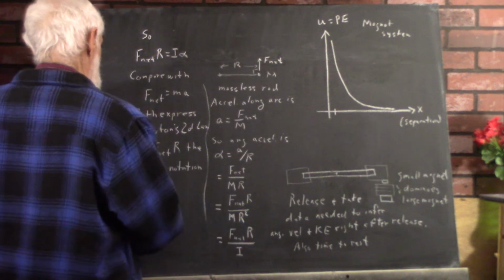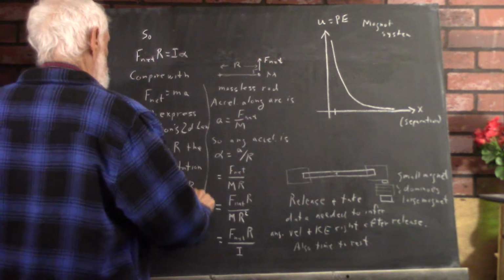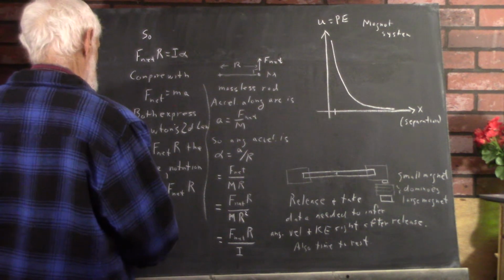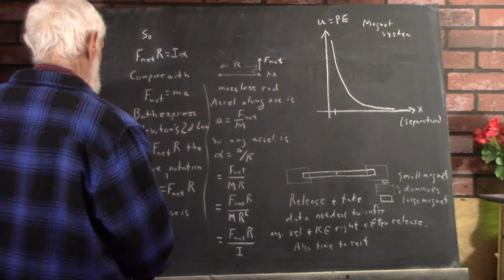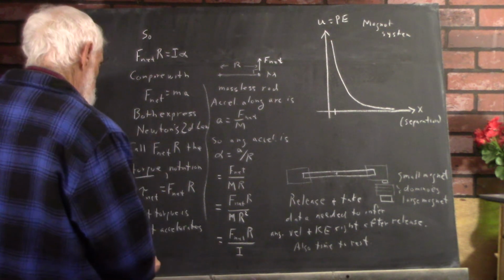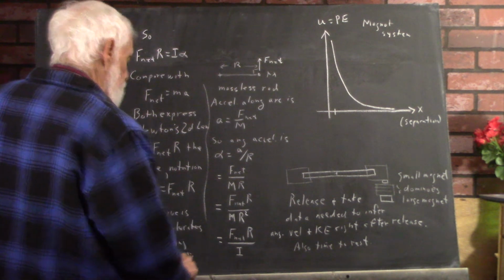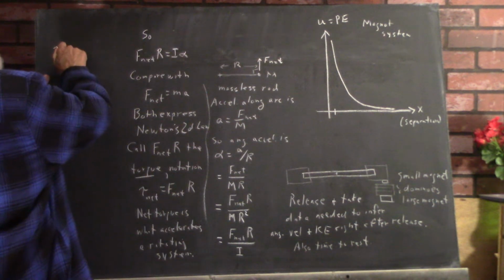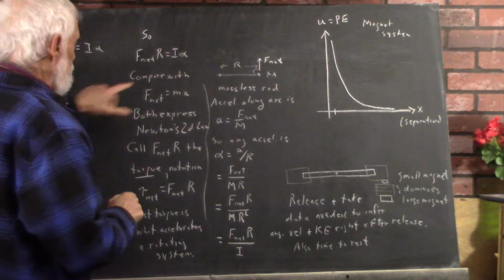And from these, a notation: net torque equals F net R. It's net torque that accelerates a rotating system. Net torque equals I alpha, because we call this net torque now.